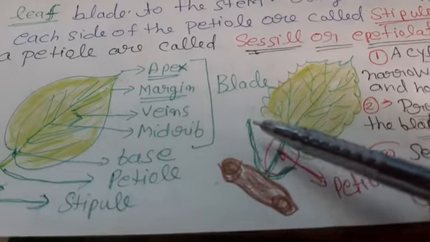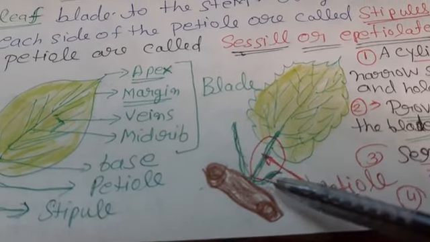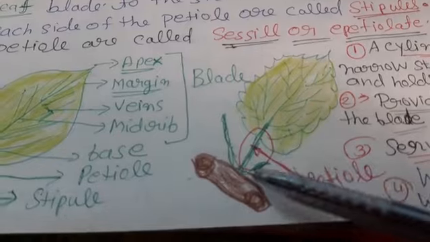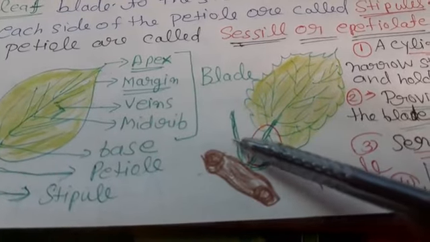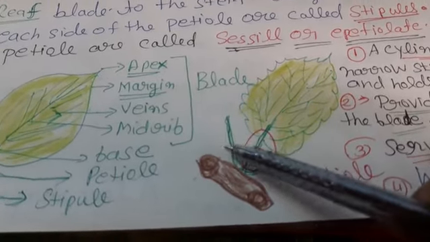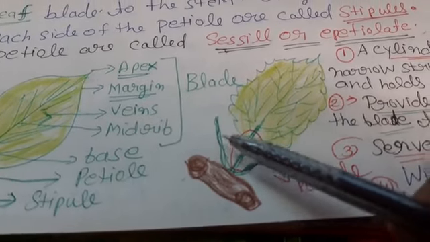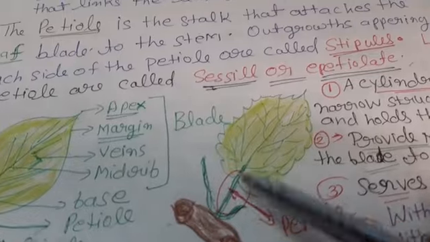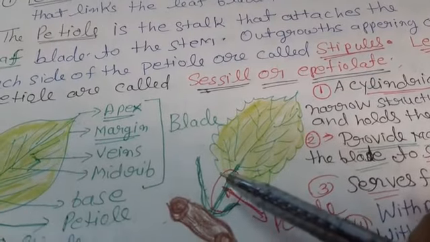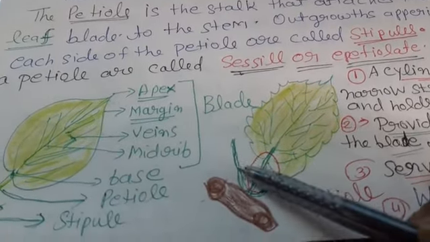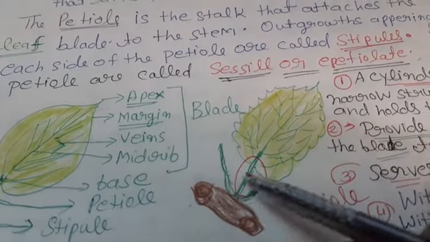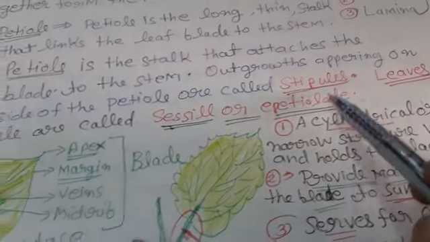You can see in this diagram that these outgrowths, arising from both sides of the petiole, are called stipules.